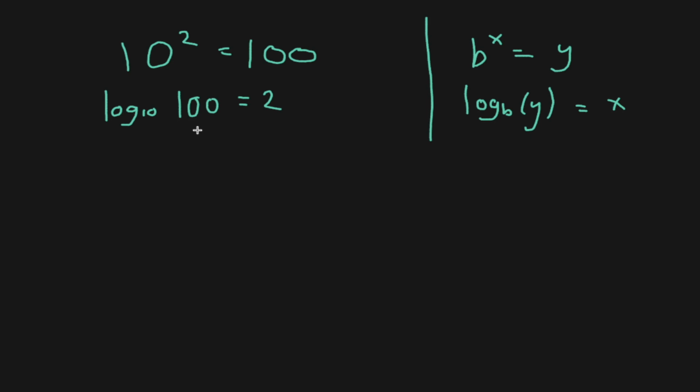Since we know in computer science that it's going to have a base of 2, we can actually simplify b to equal 2. In computer science, it's just assumed that you're going to have a base of 2. It's such a common thing.